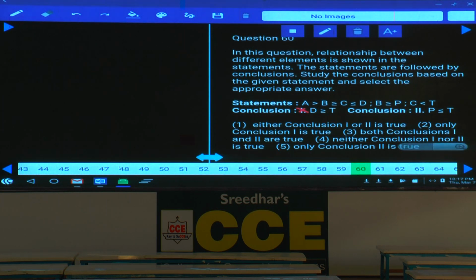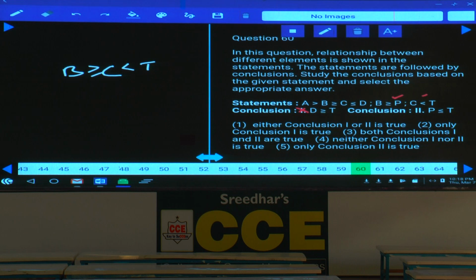Then coming to the second one, P and T. Now P is here, T is here. Tell me which element is common here? B is common, isn't it? Now, B greater than or equals to P. Now, relation between P and T. Tell me what is the element which is common here? B. B greater than or equals to C, and C lesser than T, isn't it?